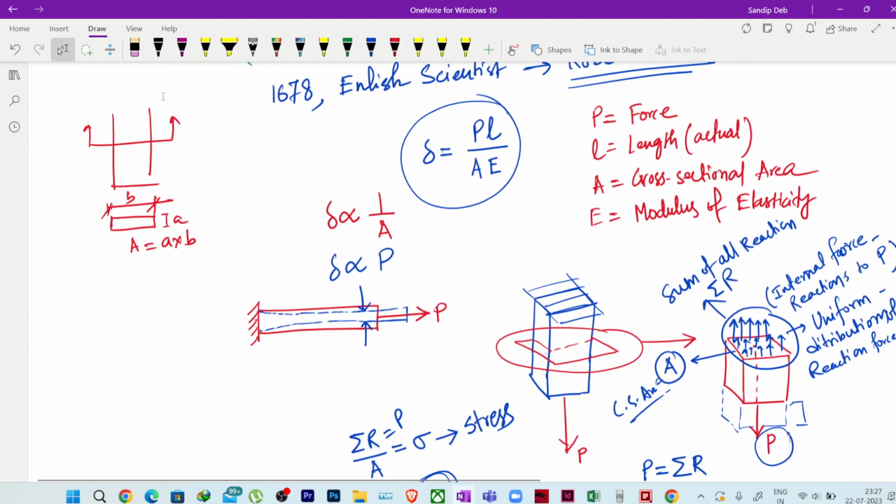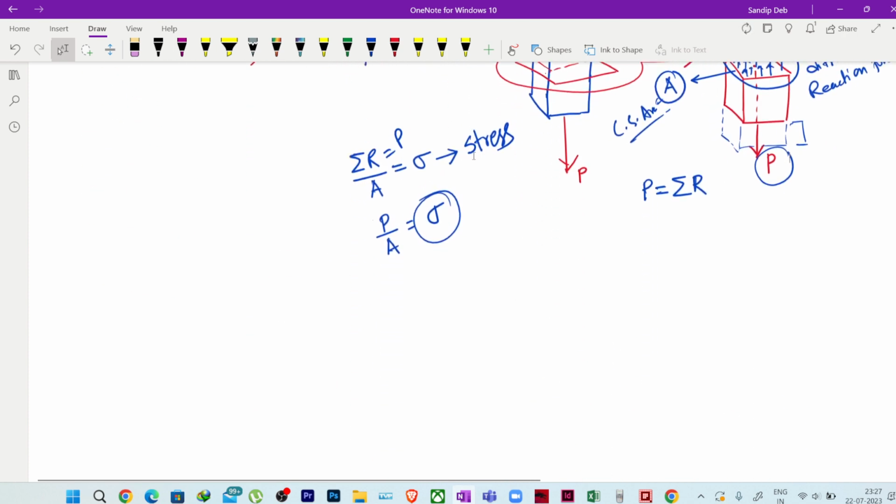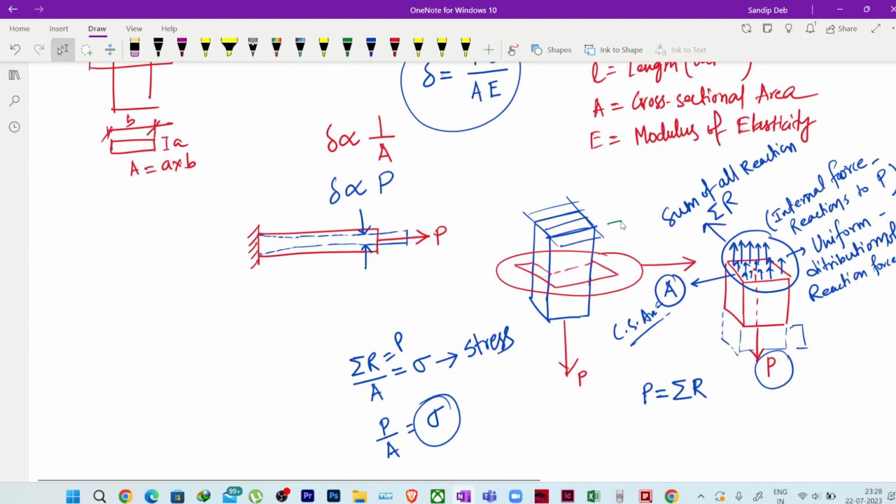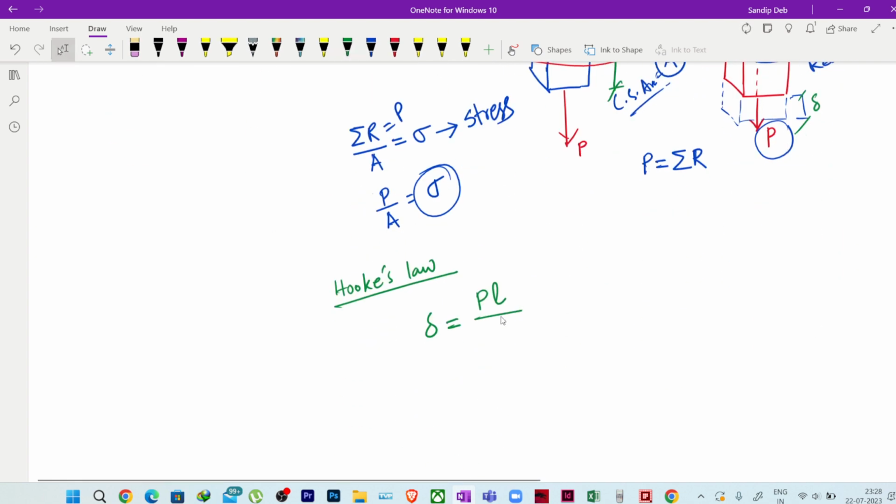Now if I go back to Hooke's law, Hooke's law says that the change in length, which is the elongation, delta, is equal to applied force into total length of the bar, suppose this is the total length of the bar, divided by A into E. Correct?